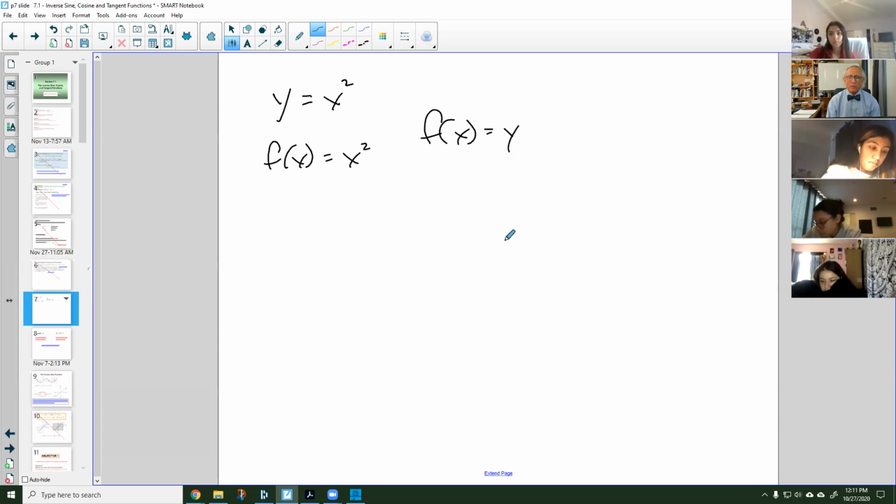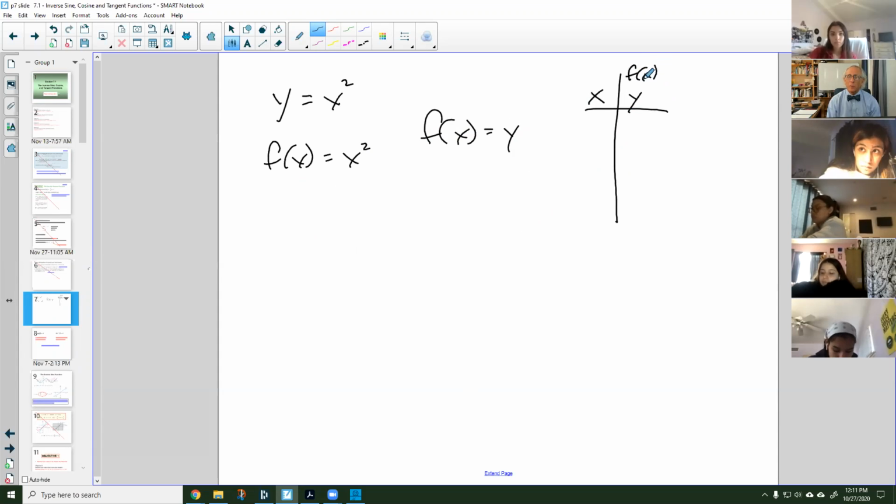Just to make sure we're totally clear on this, if I make a little T-square, and here's my x, and here's my y, this is the same thing as f of x. When I take an x value and put it into the function, I'm going to square it, and I'm going to get a y value.